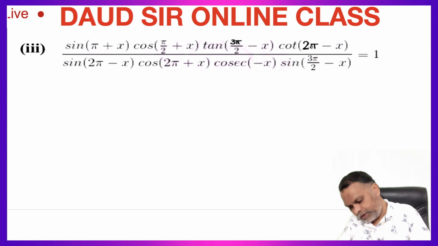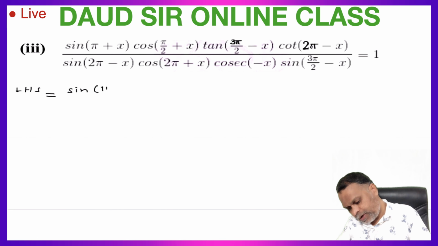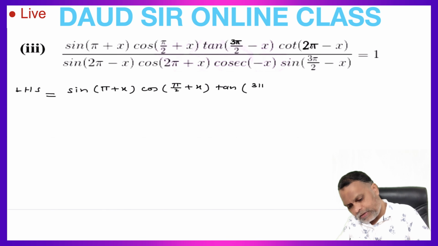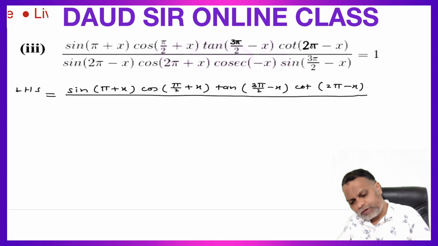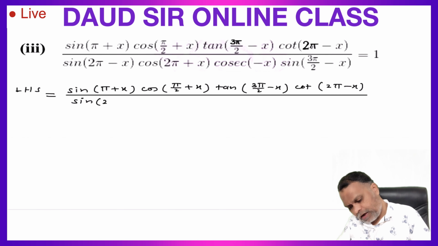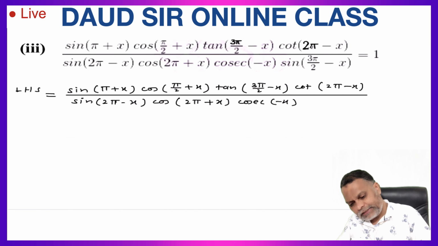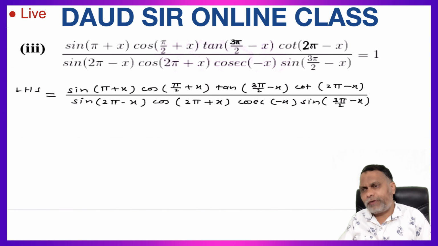Taking left hand side is equal to sin pi plus x into cos pi by 2 plus x into tan 3 pi by 2 minus x into cot 2 pi minus x upon sin 2 pi minus x into cos 2 pi plus x into cosec minus x into sin 3 pi by 2 minus x. This we have to prove equal to 1.